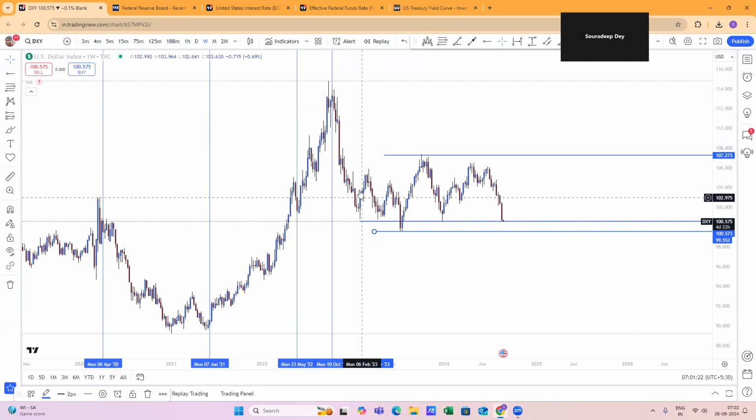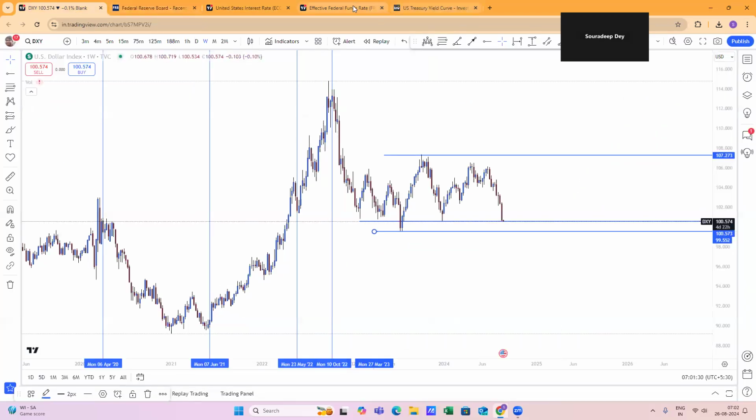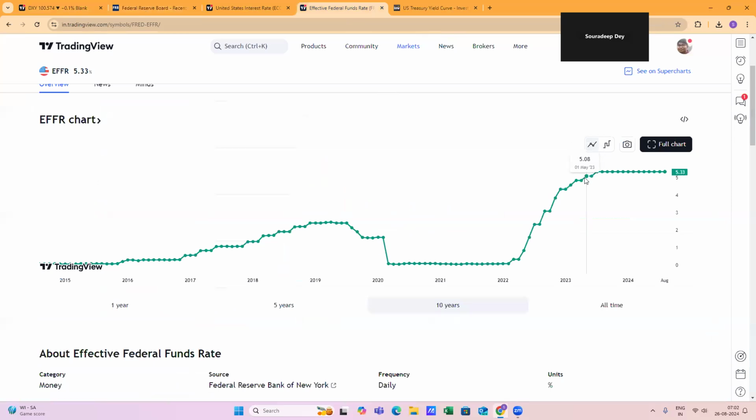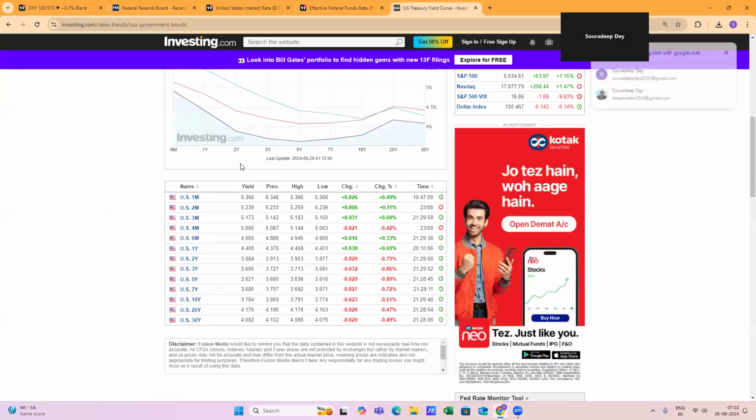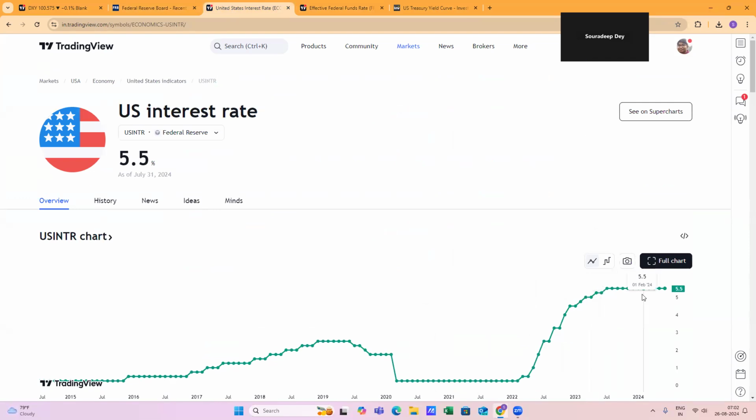And suddenly, as you can see, the Fed started ending the rate hike cycle. And this is the Fed fund rate, which is almost the US 1 month yield, you can see, which goes hand in hand with the US interest rate that the Fed decided.